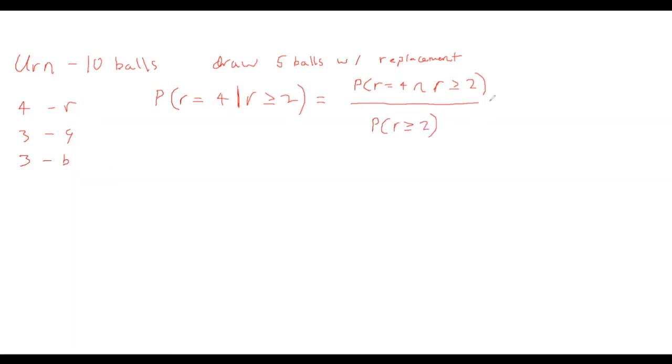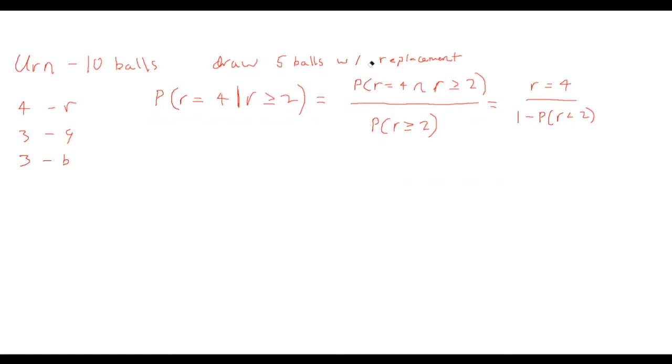What I'm going to do is rewrite this. The intersection of R equals 4 and R is greater than or equal to 2 is just R equals 4. And for the denominator I'm going to take the complement of this, so 1 minus the probability that R is less than 2, just less than, not less than or equal to.